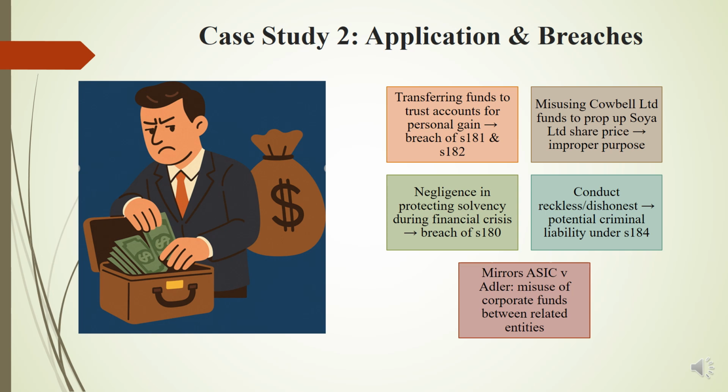Using Cowell Limited's assets to artificially support Soya Limited's share price reflects an improper purpose. Neglecting the solvency of both companies during a financial crisis indicates a breach of section 180's care and diligence requirements. Her actions could also be reckless or dishonest, engaging section 184's criminal liability.